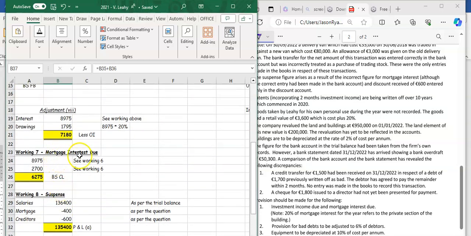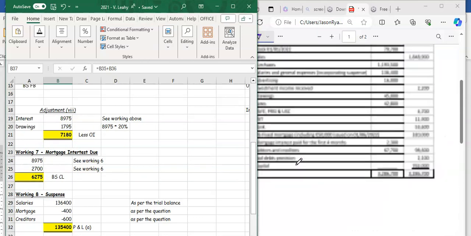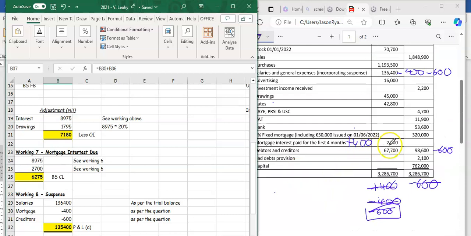Then I went to find out my mortgage interest due. So I got 8,975 is the yearly amount. Remember, this is the figure that goes into my operating income, and this is the figure that goes into my drawings. My interest is still 8,975. It told me in the question that the figure I had here of 2,300 is wrong.